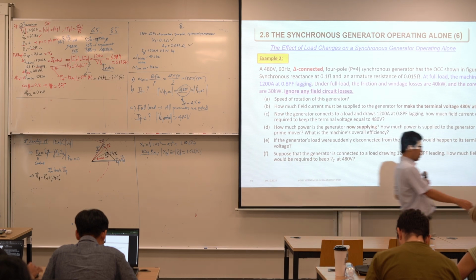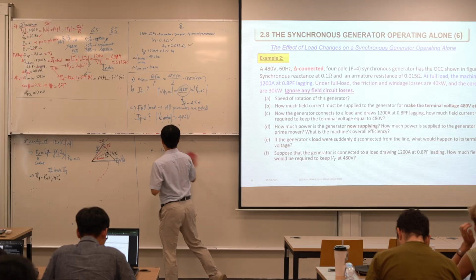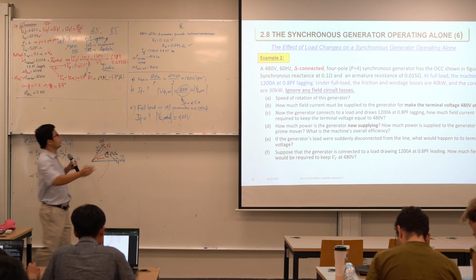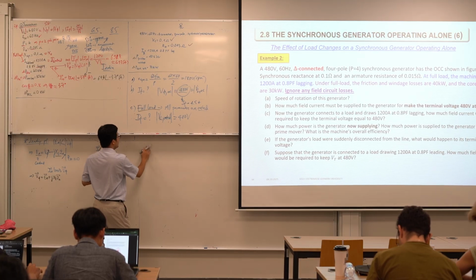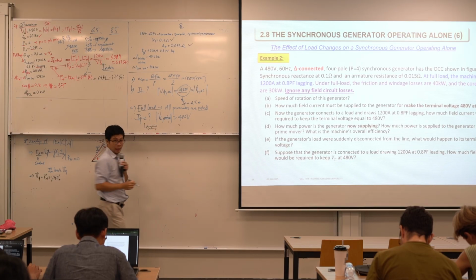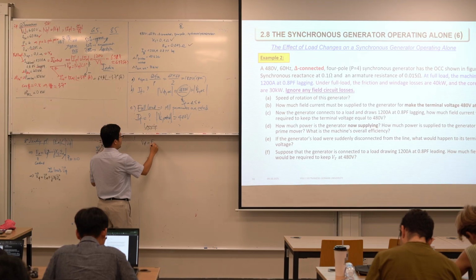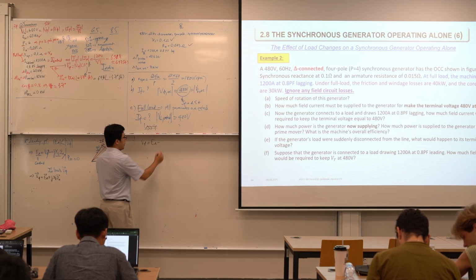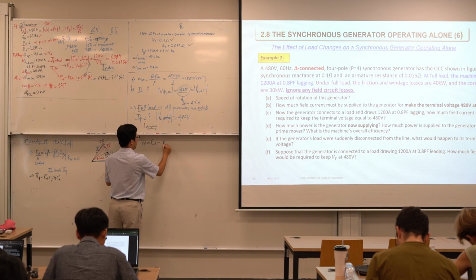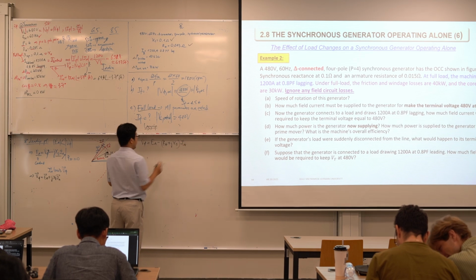So if we have load condition, we have the voltage equation, because this one is load. Lagging, right? So we have V phase equal to EA minus RA plus jXS times IA.